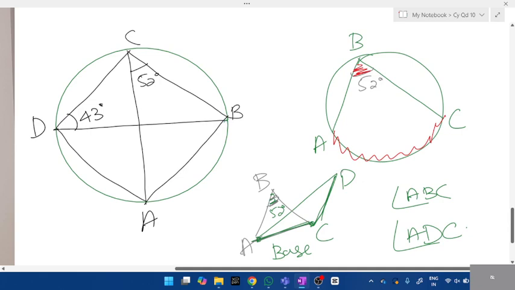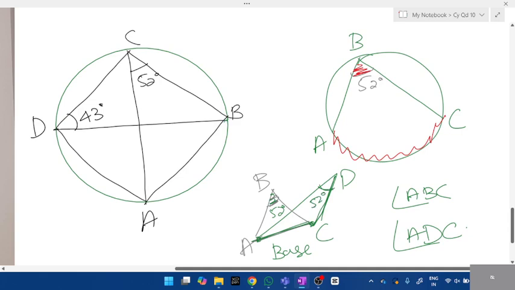A circle has a curved line. Therefore, we can't expect a base there. But actually base and arc, the meaning is the same. If it is straight, you call it base. If it is curved, you call it arc. That's it. Now, as per second theorem, whichever has the base same, those angles will be equal. 52 degrees, 52 degrees.